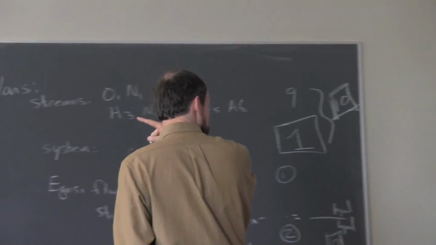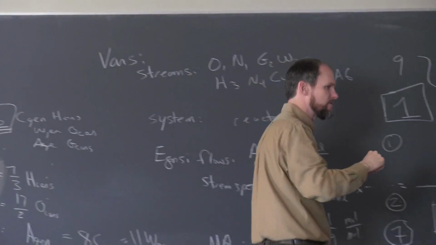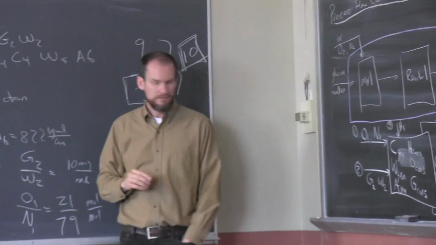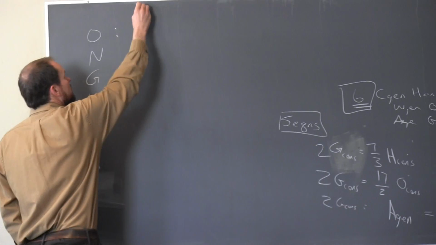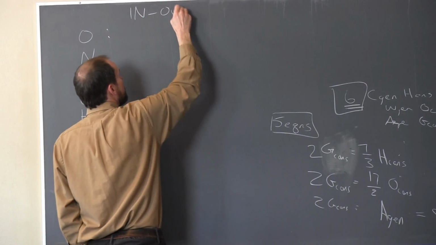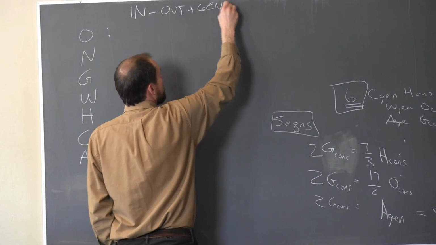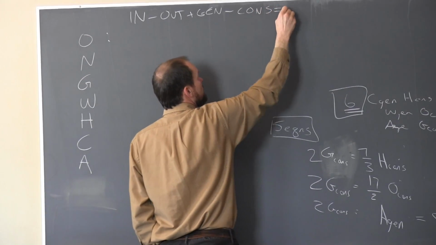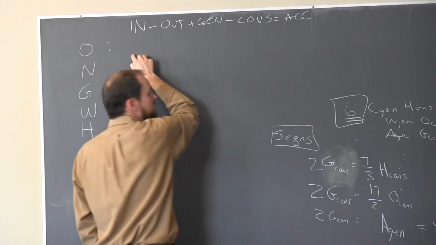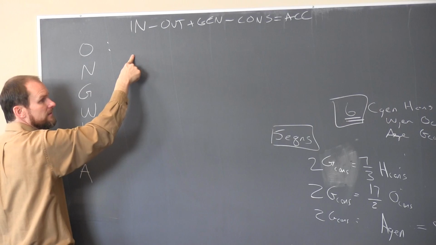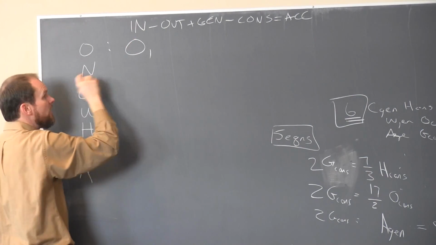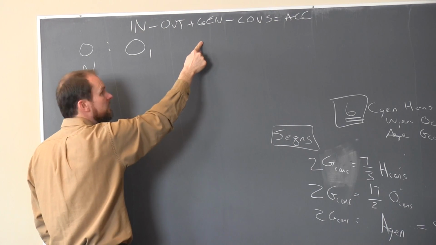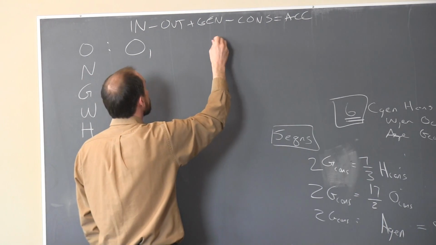I didn't write any material balances. Can you give me a material balance for oxygen? Material balance: in minus out, plus generation, minus consumption equals accumulation. Oxygen, how much goes in? O1. How much goes out? Nothing. How much generated? Nothing. How much consumed?